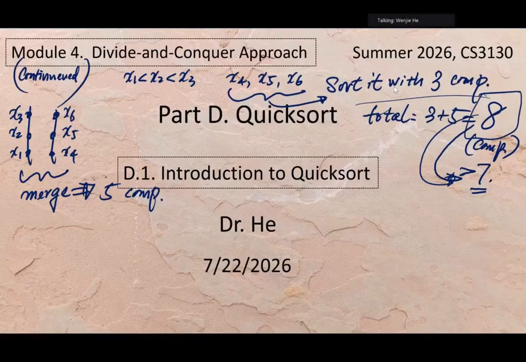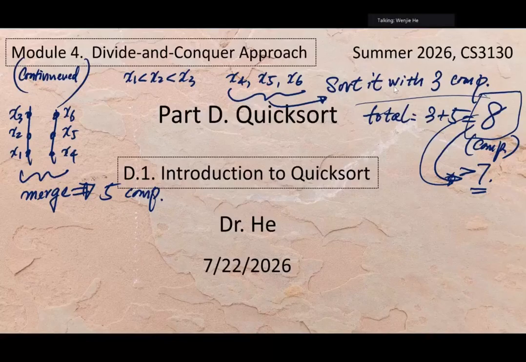So here, I just give you that information. With this information, you can see this method is quite useful.